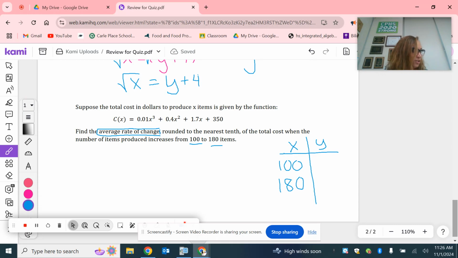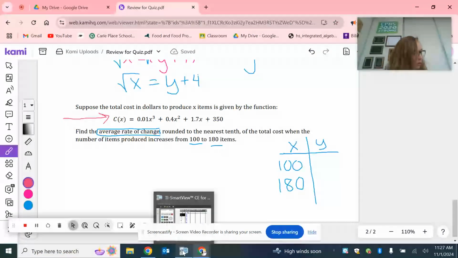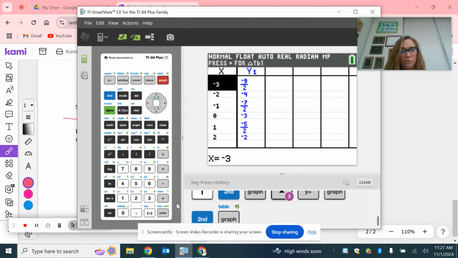So I would just use my calculator and take this cubic, and you can either put it into the y sub 1 and go to the table, or you can just substitute using the regular calculator screen. Okay, so I did put those in, but I'll show you at least once how to type it in.